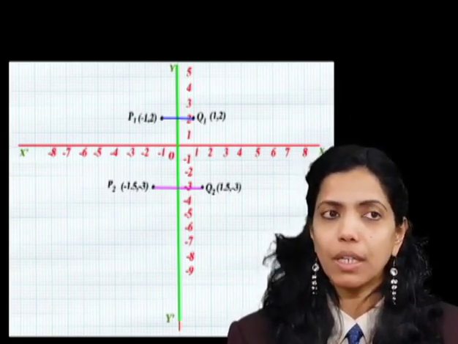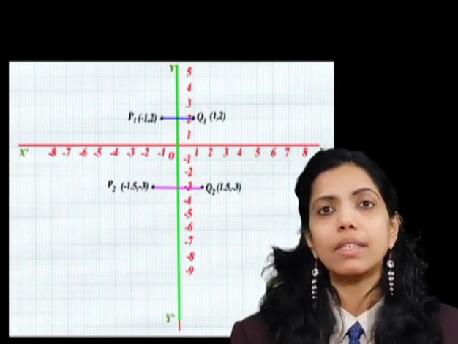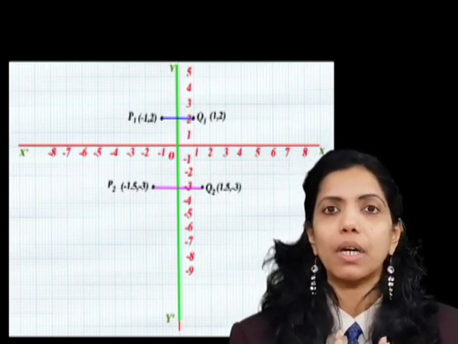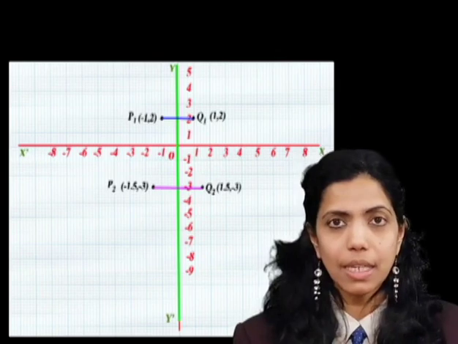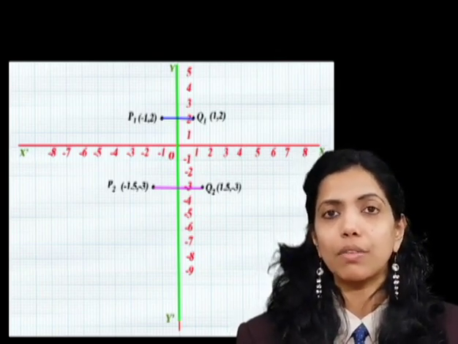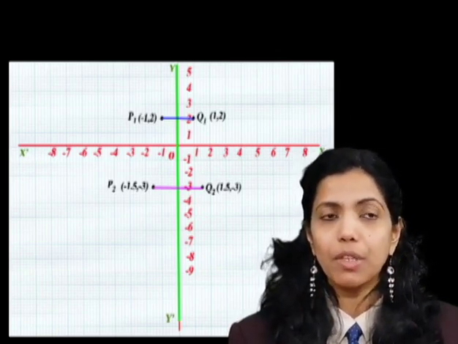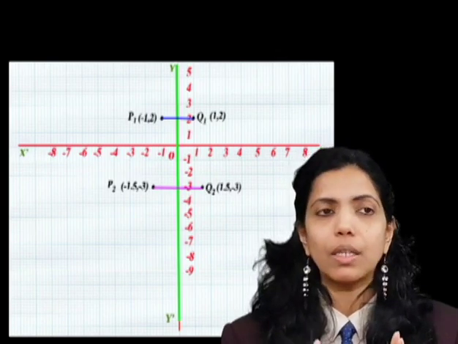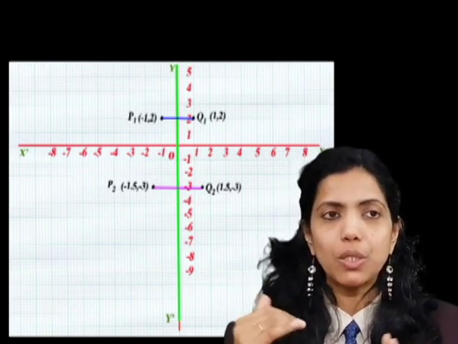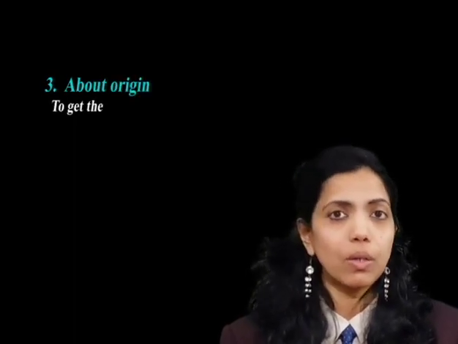The given point is minus 3 by 2, it will turn as 3 by 2, and minus 3, the y coordinate as itself. So we are getting the coordinates of the mirror image of the point P2 as Q2 (3 by 2, minus 3).